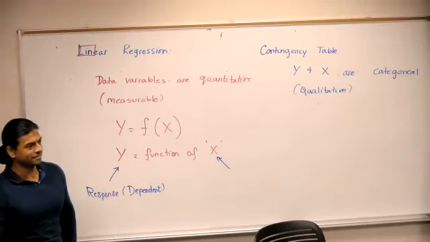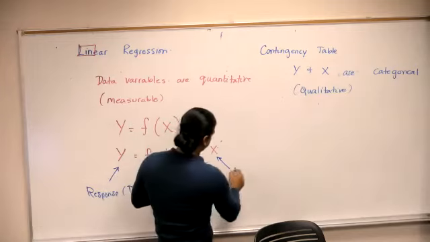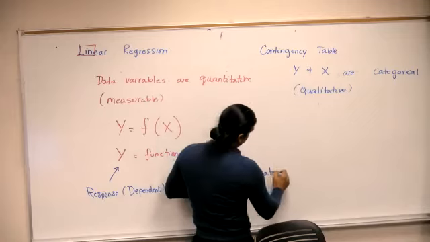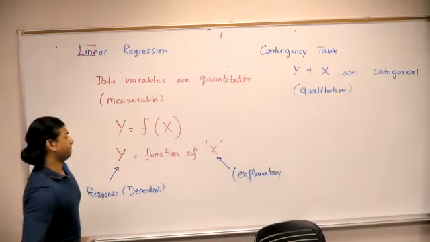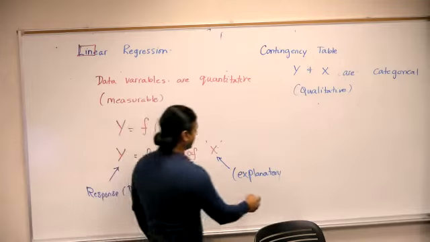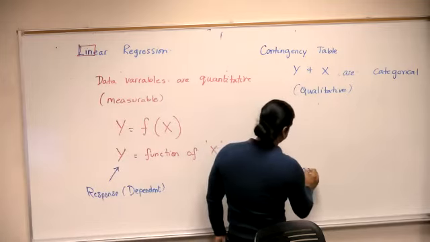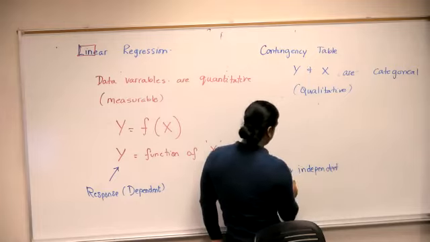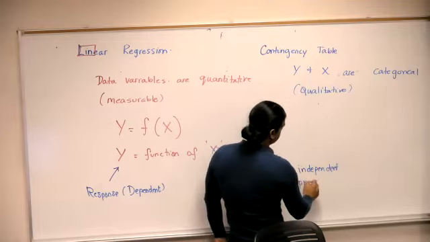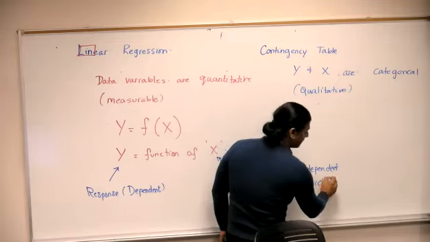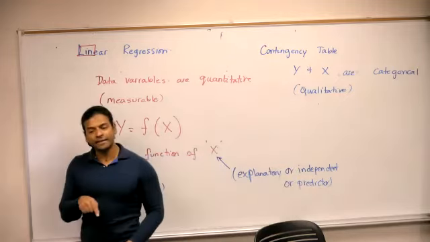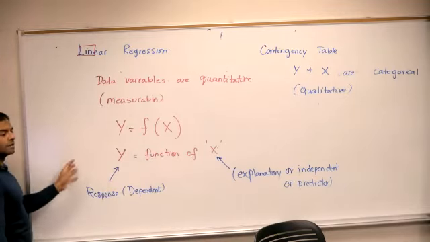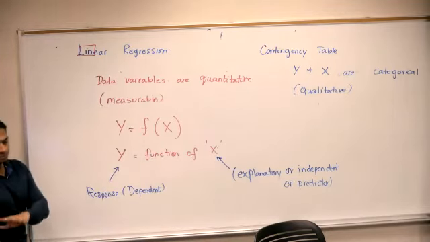Explanatory variable. But we've got other words too, or independent variable. And very unique to regression, we also call it the predictor, because the value of x will be used to predict the value of y if you have a good model.